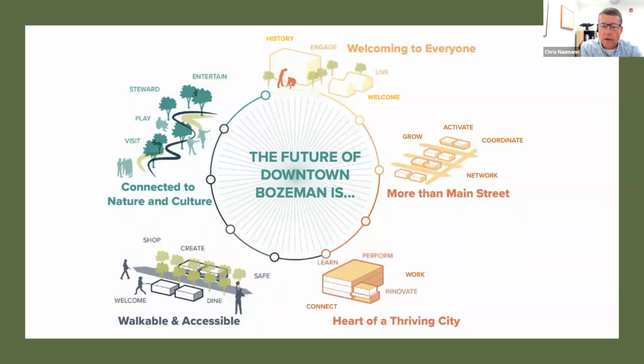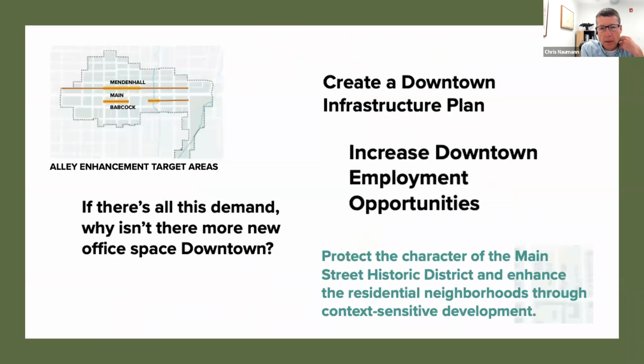So we felt it was important that our downtown continue to grow in all directions, not just try and cram everything into 8 blocks of our historic Main Street. Again, heart of a thriving city, connected to nature. And then the plan needs to drill down into more recommended projects and initiatives to then further those goals.